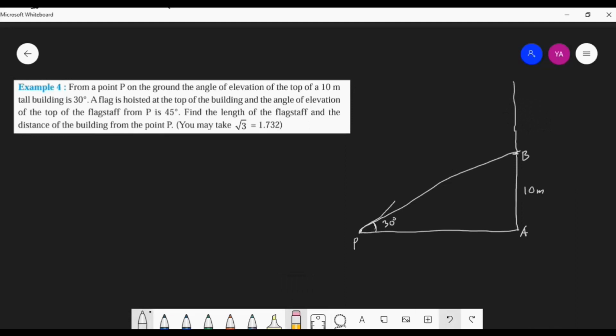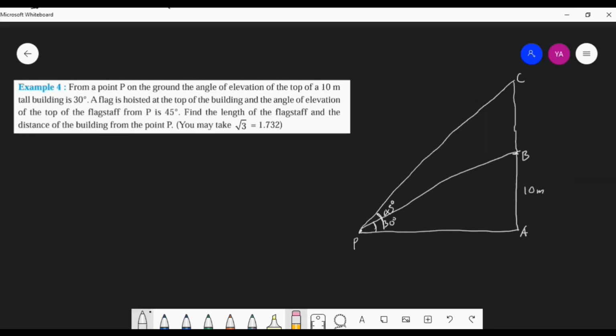From P, if you look to the top of the flagstaff, you will get a 45-degree elevation. So this total angle, this big angle, is given as 45 degrees, and this is the flagstaff BC. And what is the question now?